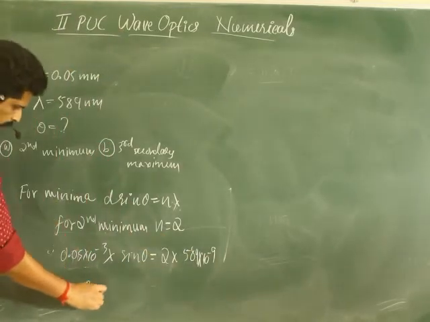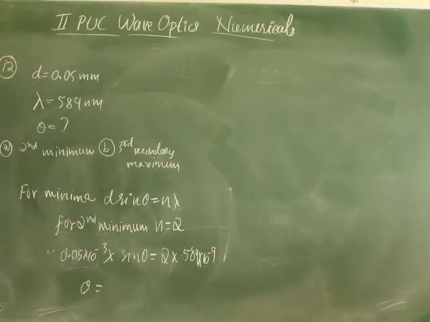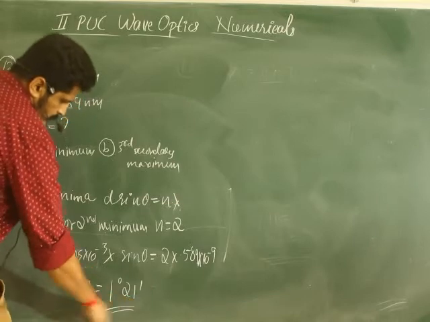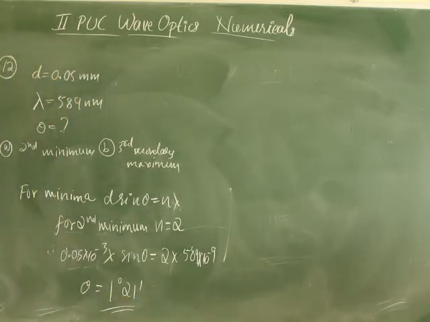So theta is equal to, your answer will be somewhere around 1 degree 21 minutes. You have to do this using your Clark's table, trigonometric table. For minima, you will get 1 degree 21 minutes angular position.